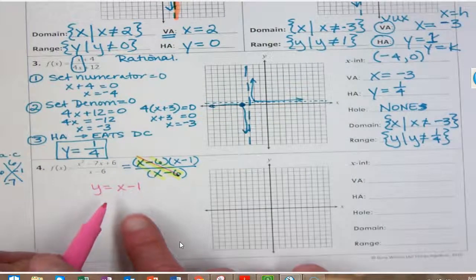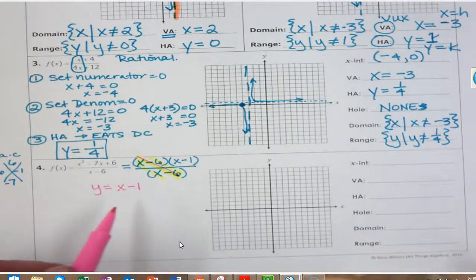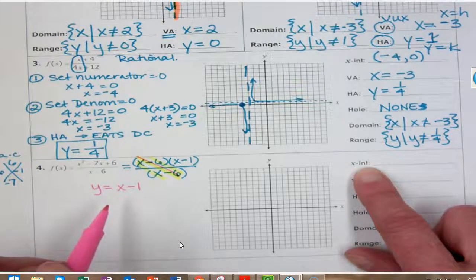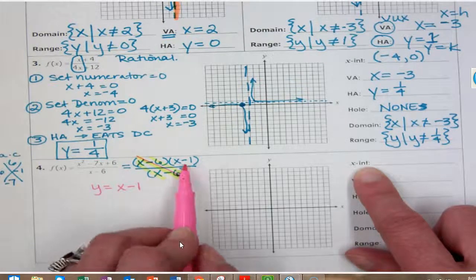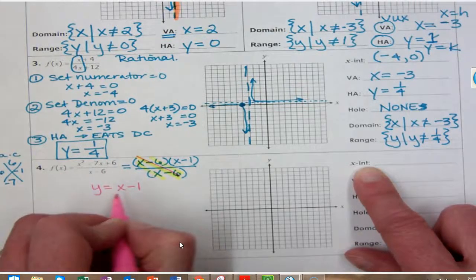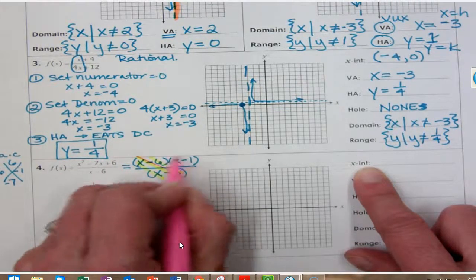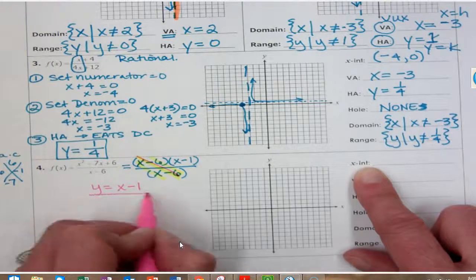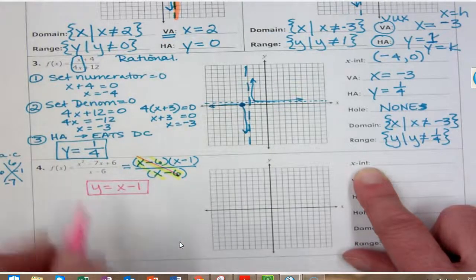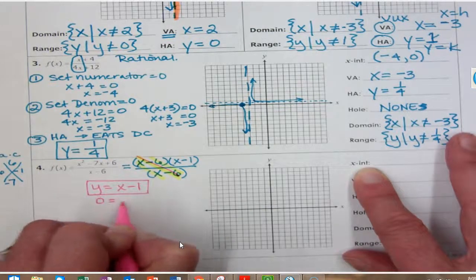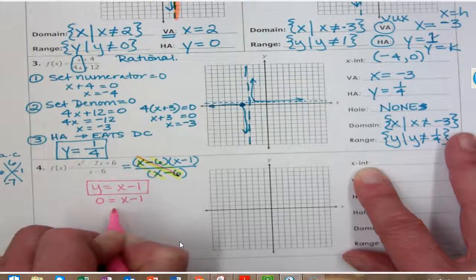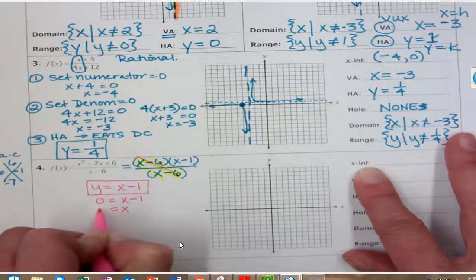If I go to look at my x-intercept, where is my x-intercept? Well, that is where the numerator equals 0. So I'm going to take my numerator of this new problem and set it equal to 0. So I'm going to get 0 equals x minus 1, x equals 1.